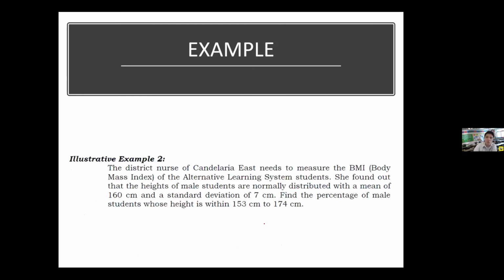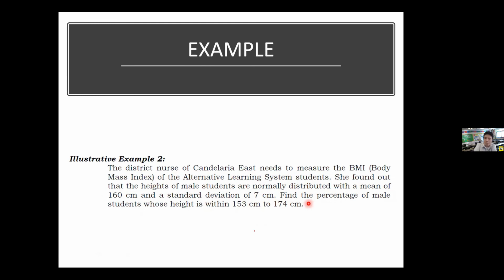So example 2. Sa example 2, the district nurse of Candelaria East needs to measure the BMI or the body mass index of an alternative learning system student. She found out that the height of the male students are normally distributed with the mean of 160 cm and the standard deviation of 7 cm.